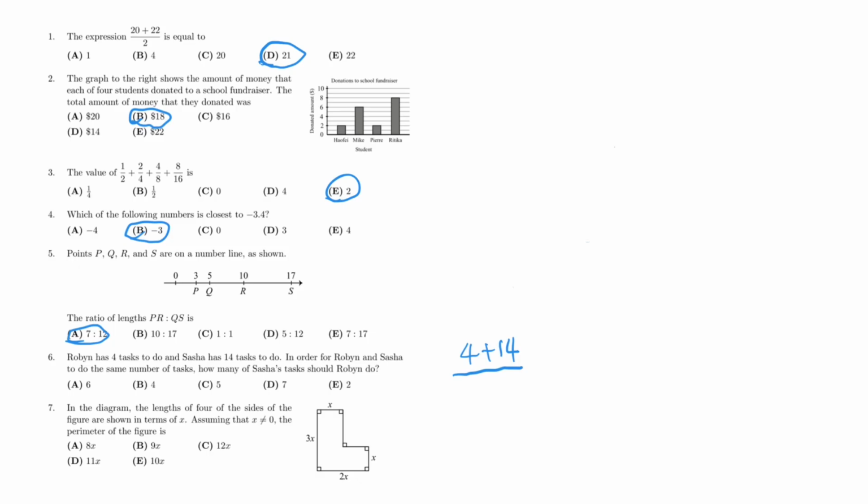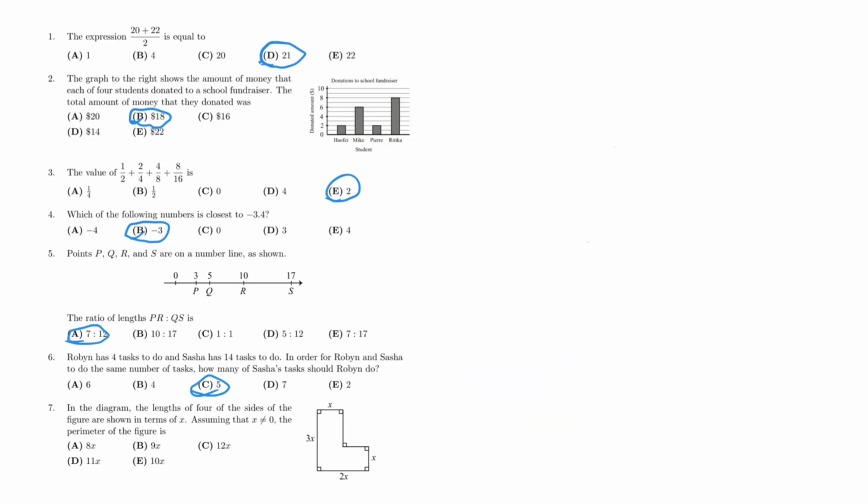If each does the same number of tasks, each must do 18 divided by 2, that's 9 tasks. This means Robin needs to do 9. Right now he does 4. So he needs to do 5 more tasks. So that's the answer C.